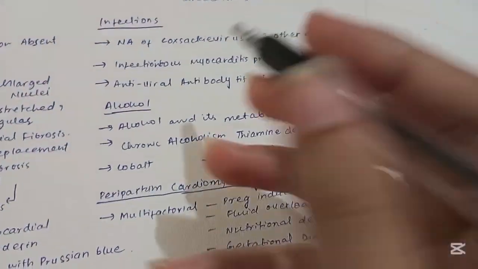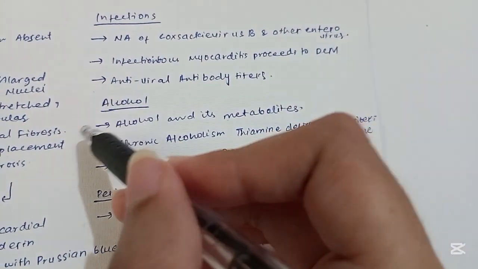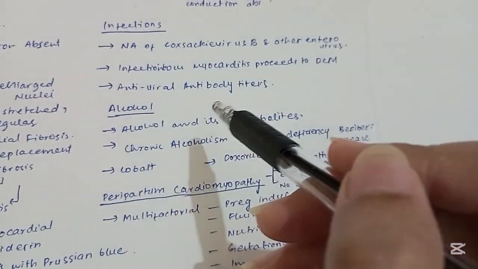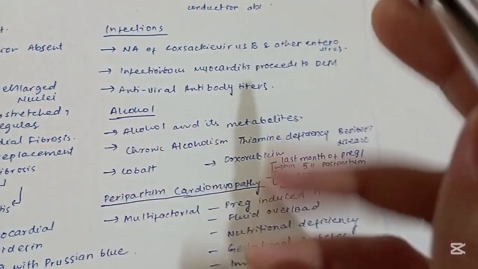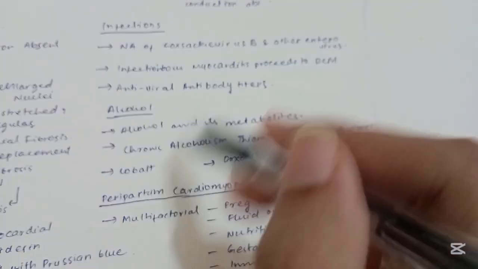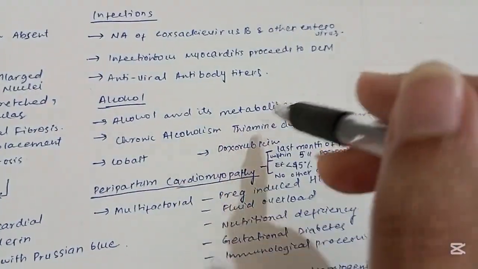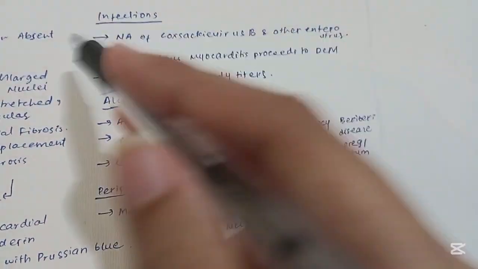Next, infection. Actually, we have found nucleic acid of the Coxsackie B virus in affected patients. So we have concluded that infections can be a cause of dilated cardiomyopathy.